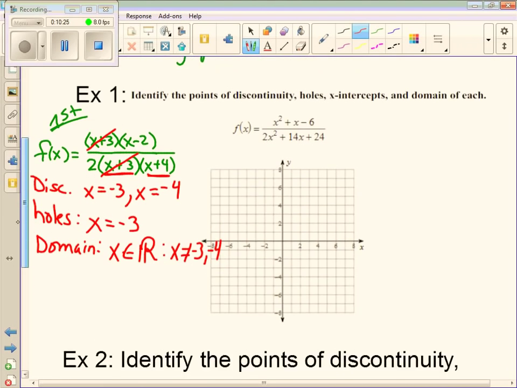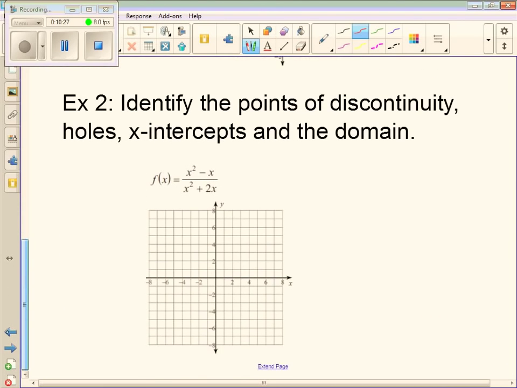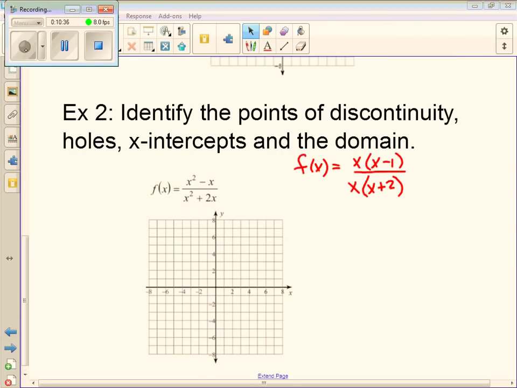So, another example. Let's factor it. I factored the numerator and denominator with the greatest common factor out of each. The zeros that make the denominator 0 are x equals 0 and x equals -2.